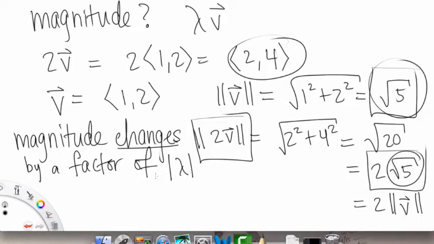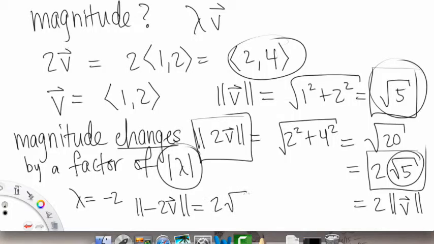Again, this is important, the absolute value of lambda, not lambda itself. What if lambda were to equal -2? Then we'd have the vector -2v, and if we take the magnitude of that, since we're squaring the components anyway, it's not going to matter. We're going to get the same thing, 2 radical 5. So that's where we get this absolute value from.